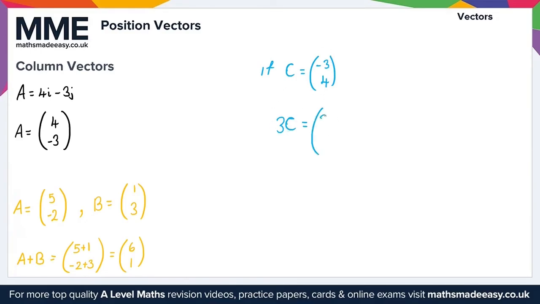So this is going to be 3 times minus 3 and 3 times 4. Well, 3 times minus 3 gives us minus 9, and 3 times 4 gives us 12. Okay, so that gives us multiplication by a scalar for column vectors. So that gives us everything we need for column vectors, and that concludes this Maths Made Easy video on position vectors.